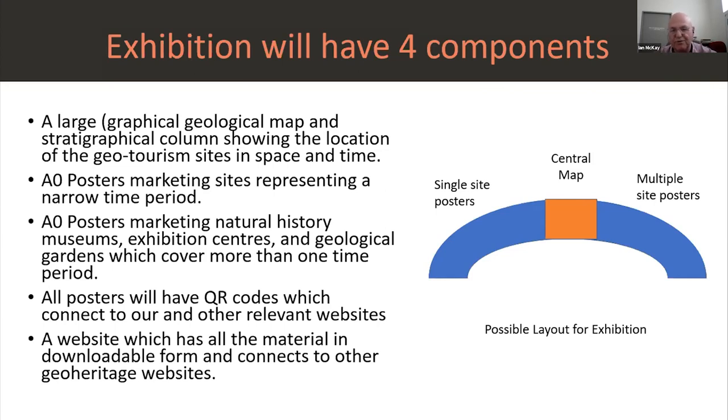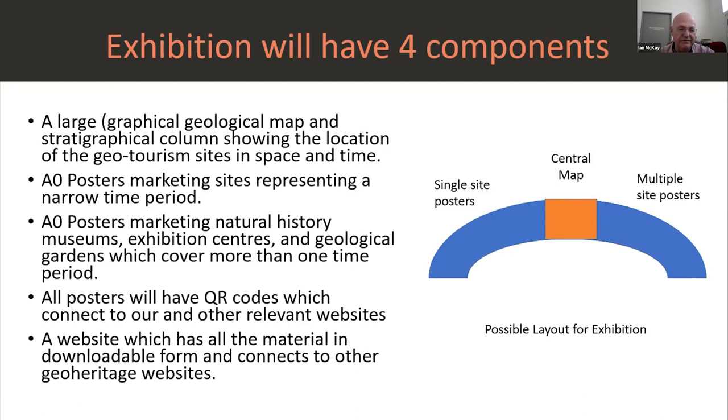You'll see a little bit why we make the distinction. So we're going to have a large geological map, A0 posters marketing sites representing a narrow time period, then those representing natural history museums, etc., which cover more than one time period, and then the online component.